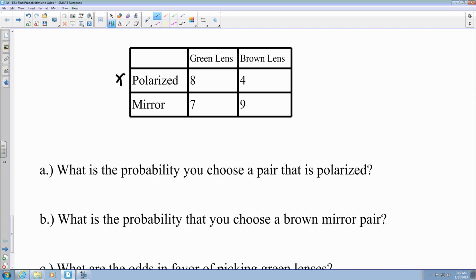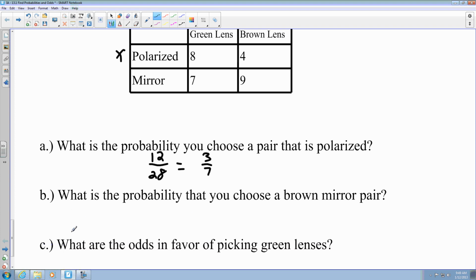So I can get 8 green lenses and also 4 brown lenses. So that becomes 12 over, how many are there total? So we got 8 plus 4 plus 7 plus 9, which is 28. And if I were to reduce this, this would equal 3 over 7. So I have a 3/7 chance of getting a polarized lens.